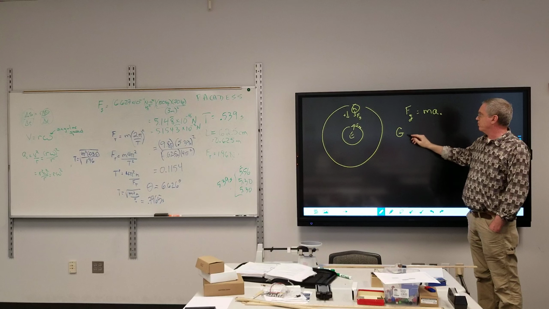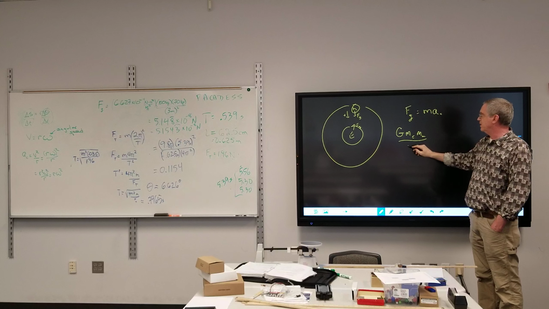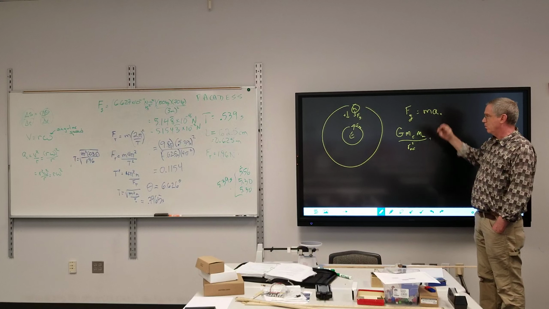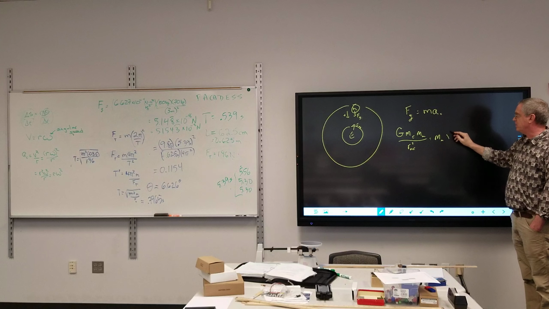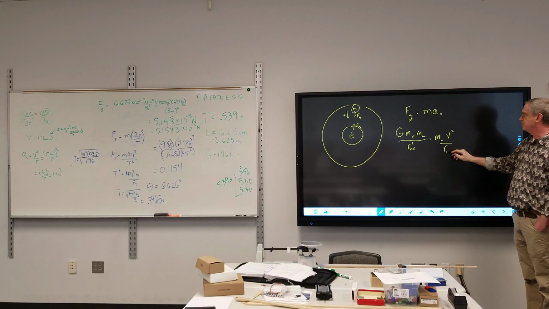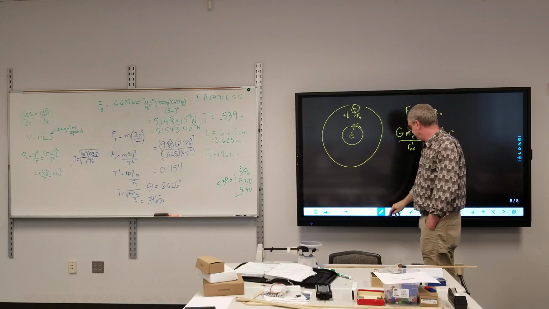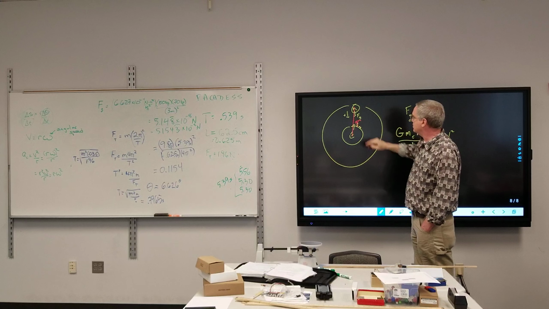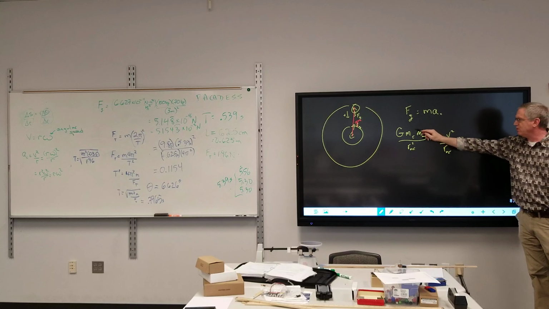I've got a formula for the generalized force of gravity: mass of Earth, mass of moon, over the orbital radius squared, times mass of moon, because we're looking at the forces acting on the moon, times V squared over R. And that R is the orbital radius. Notice that the mass of the moon cancels out.